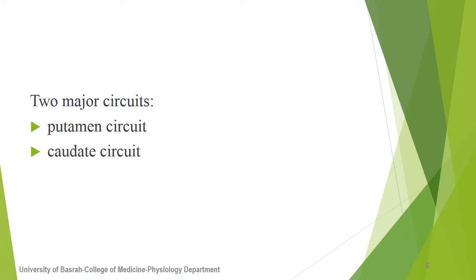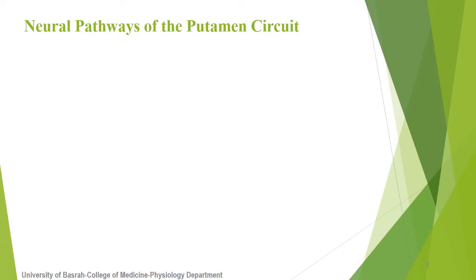One is called the putamen circuit, in which the putamen nucleus is involved, and the second is called the caudate circuit, in which the caudate nucleus is part. First of all, we'll talk about the neuronal pathway of the putamen circuit, how it starts and how it ends.